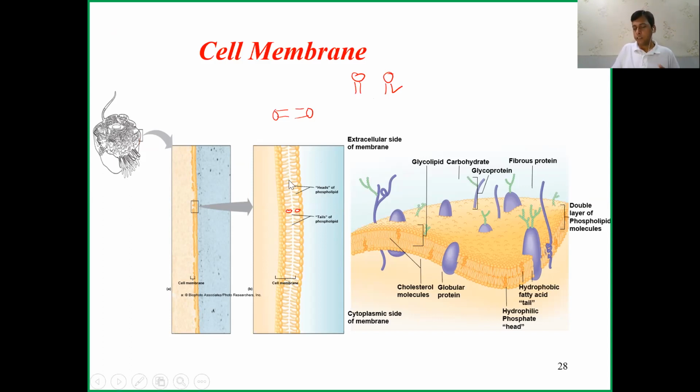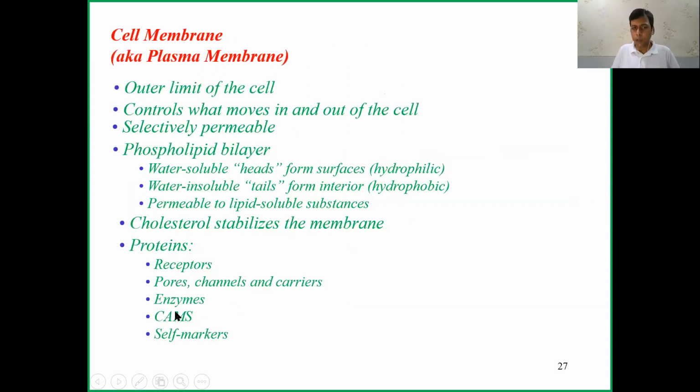So this layer is very freely movable. I will discuss this in detail in the next video, including the structure and the different kinds of proteins and their functions, because some work as receptors, some as enzymes, and some as channels. Channels mean some particles can go inside through them.